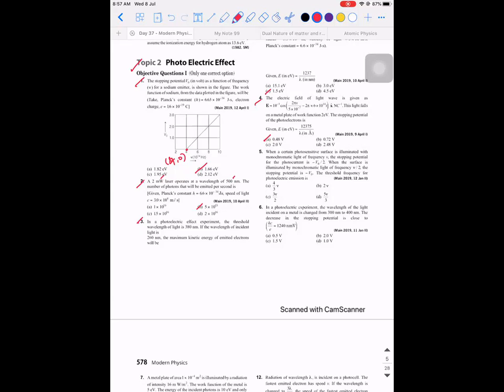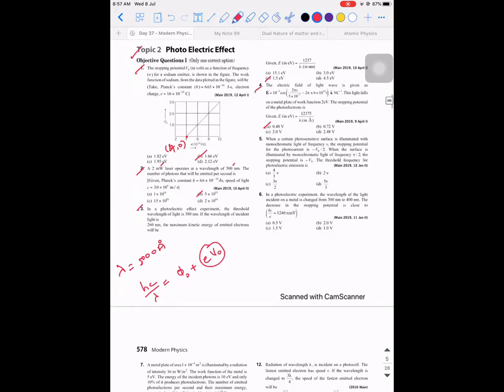So what is the wavelength of the light that is falling on it? So 5,000 angstrom. Then the light that is falling, hc by lambda should be equal to what? It should be able to overcome the work function, that is phi naught plus E into V naught. So hc by lambda, substitute it and calculate.